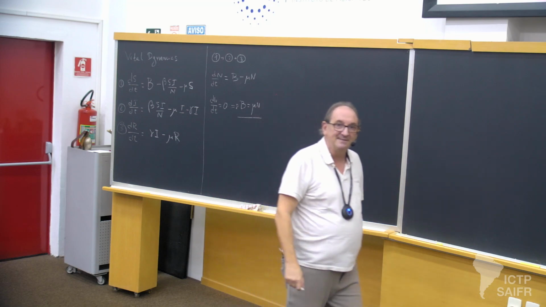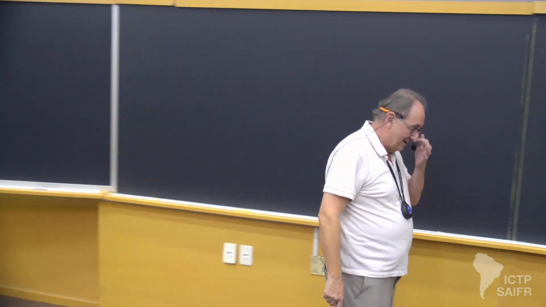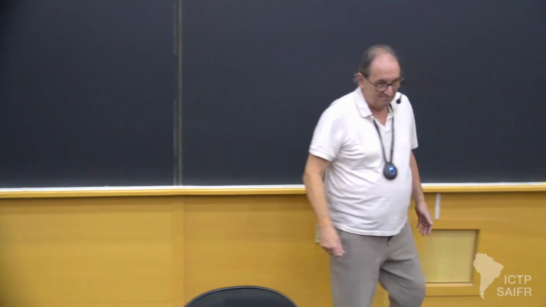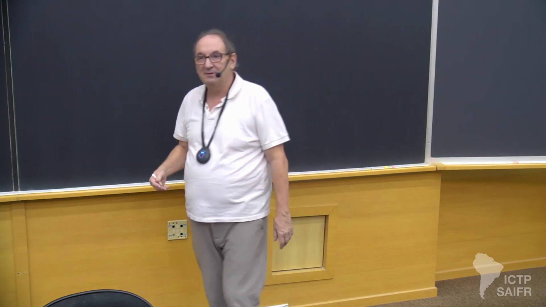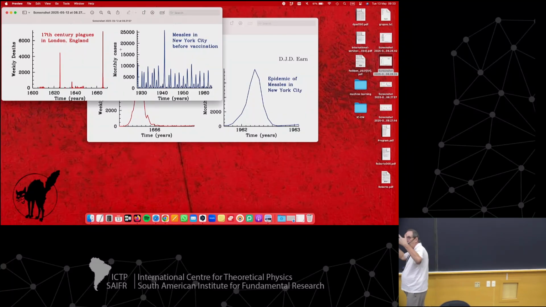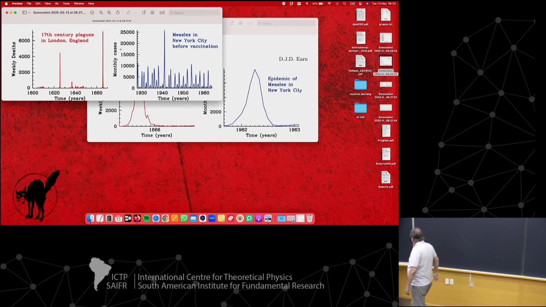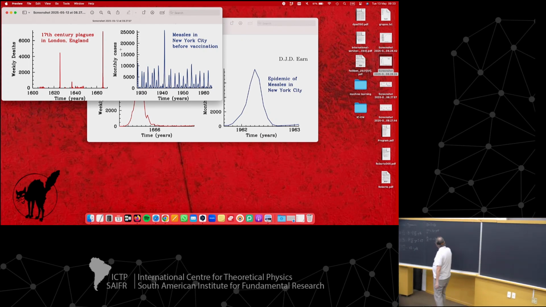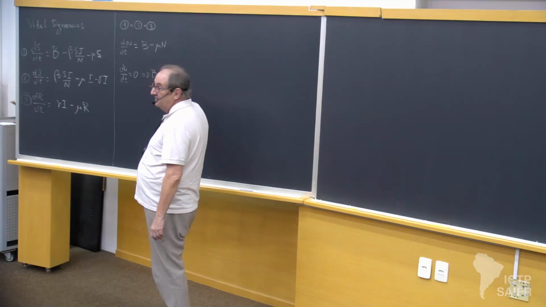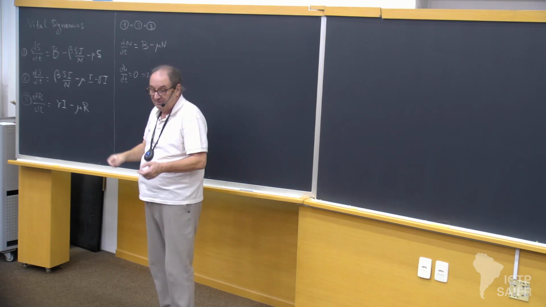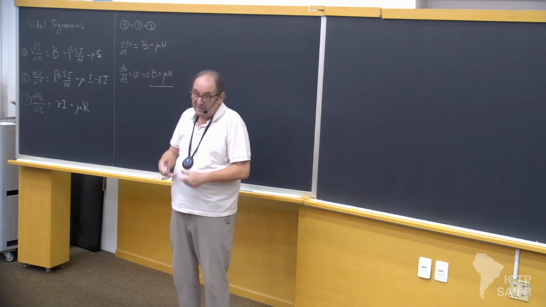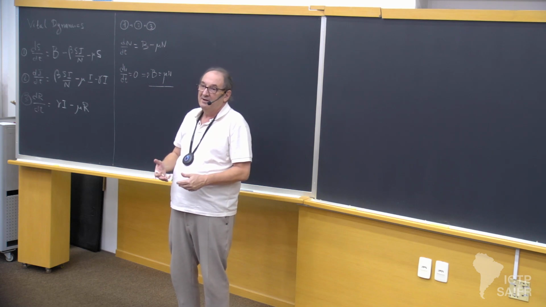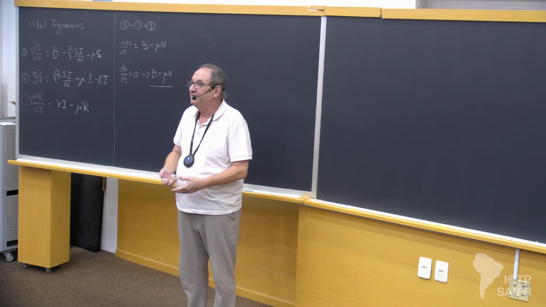Reasonable in the sense that the birth rate should depend on the total population. The more people you have, the more births you have. And the coefficient here would be the coefficient of the per capita birth rate, okay?